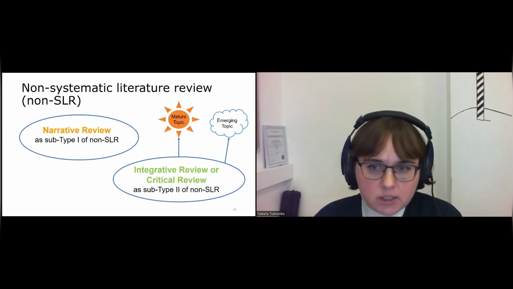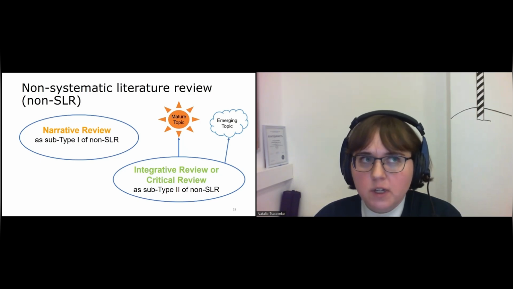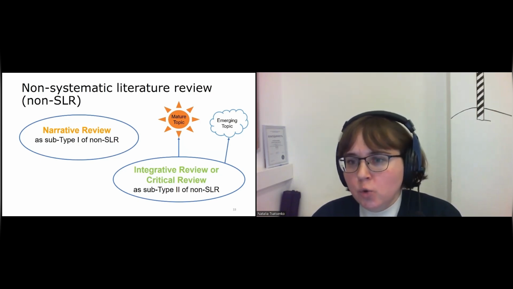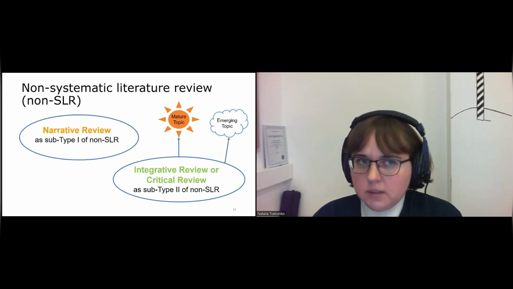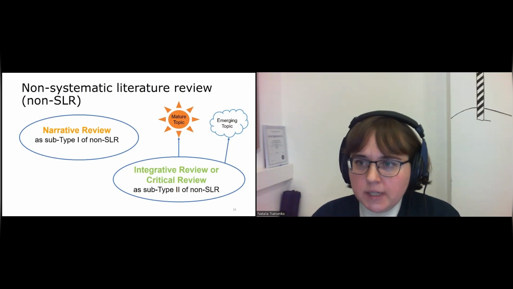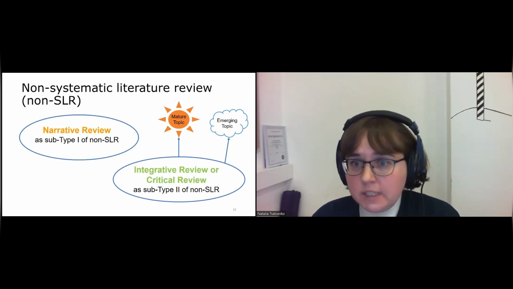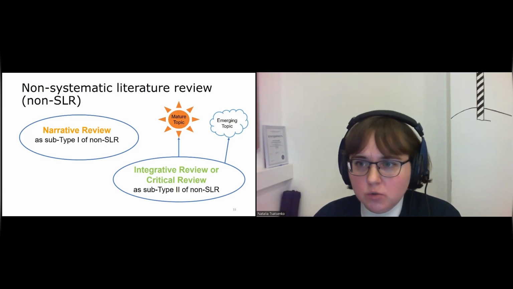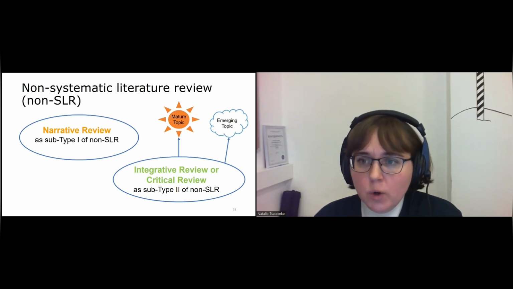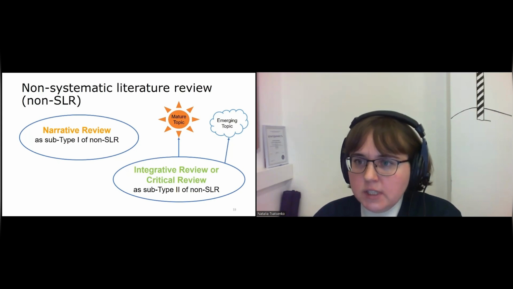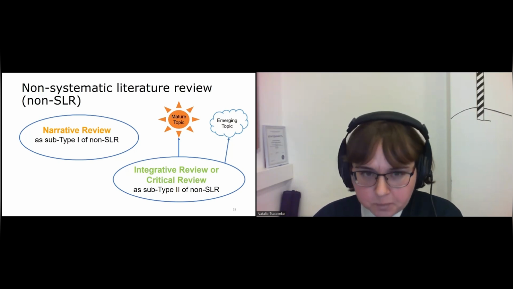Interestingly, in the paper by Torraco, he said there are two needs for writing an integrative review. One is an emerging topic, a new topic where we need to find out new features, or it could be a mature, well-established topic. These are the two types of integrative review.